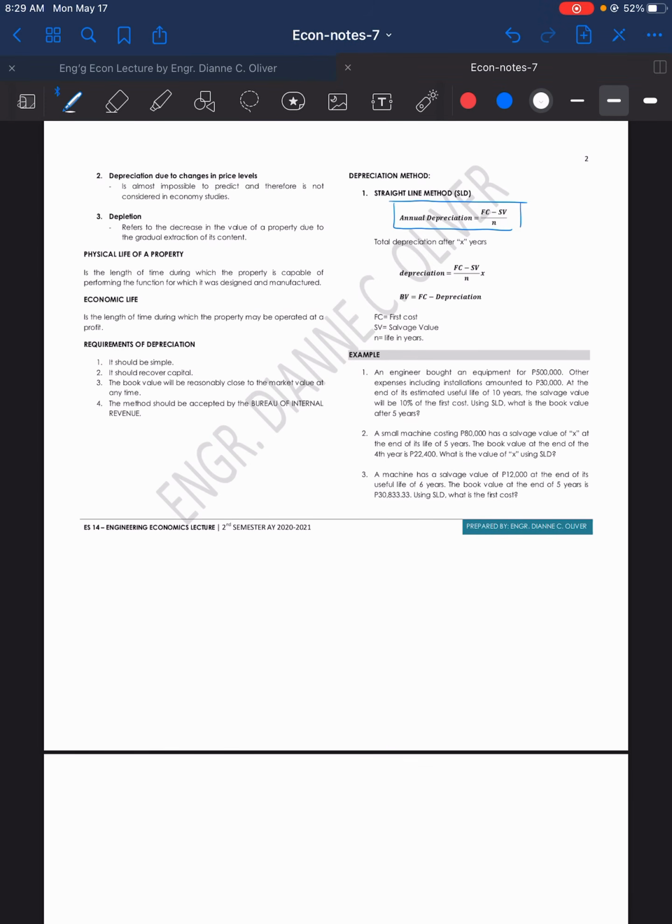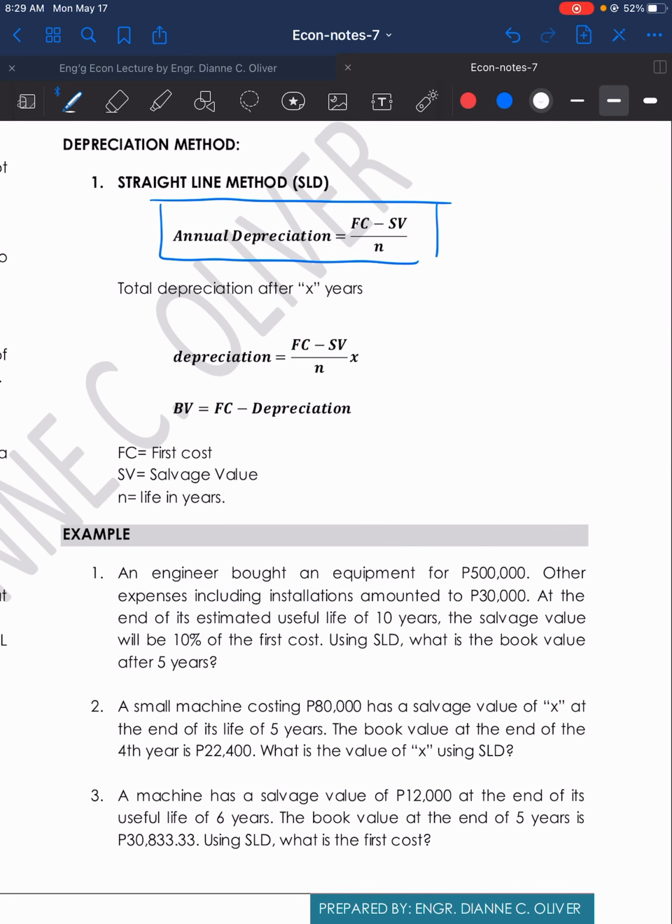So going back to the formula, we have here the annual depreciation and the depreciation only here. So this is the formula that we need. Book value is equal to first cost minus the depreciation. Now, since it is asking for the depreciation after 5 years, we will compute the total accumulated depreciation in 5 years.